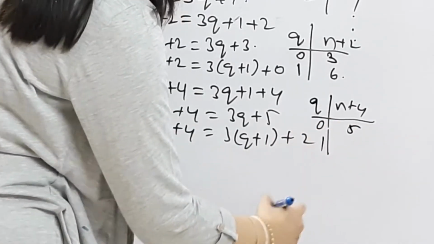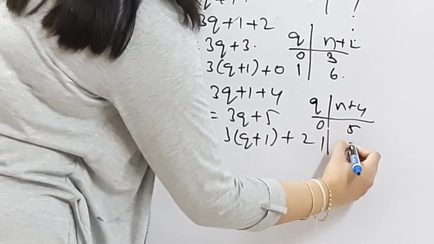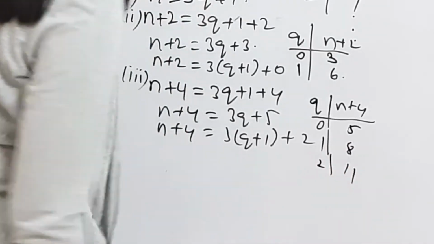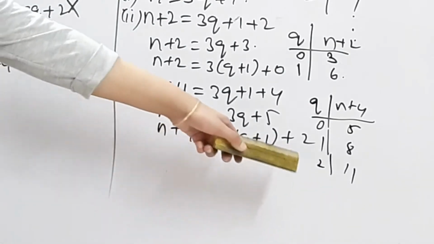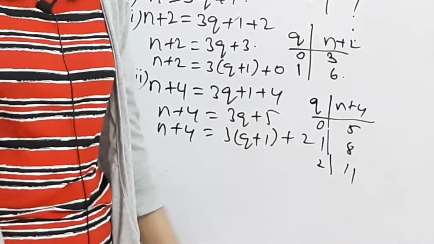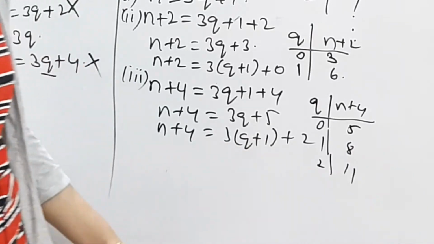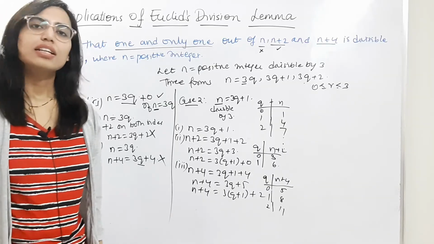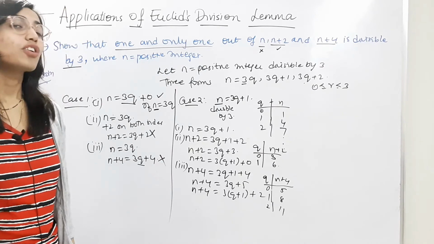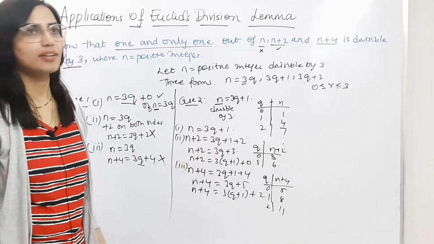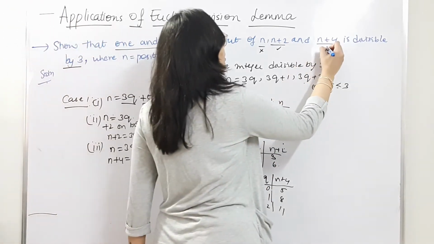If you take q as 1, you'll get 8. If you take q as 2, you'll get 11. Here there is no number that is divisible by 3. So n plus 4 is not divisible by 3 when n is 3q plus 1. So this is also not possible.